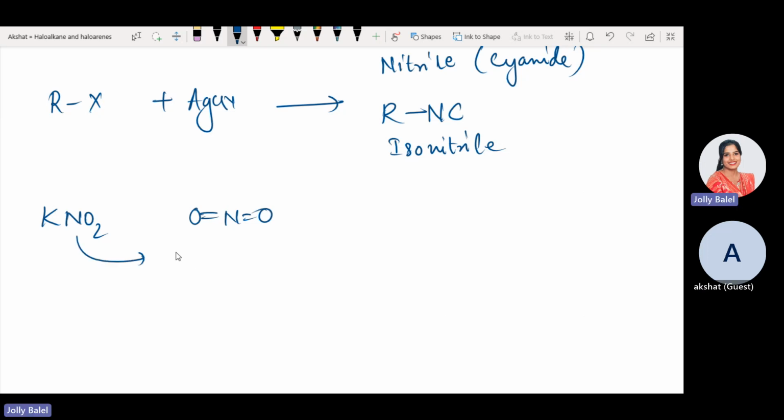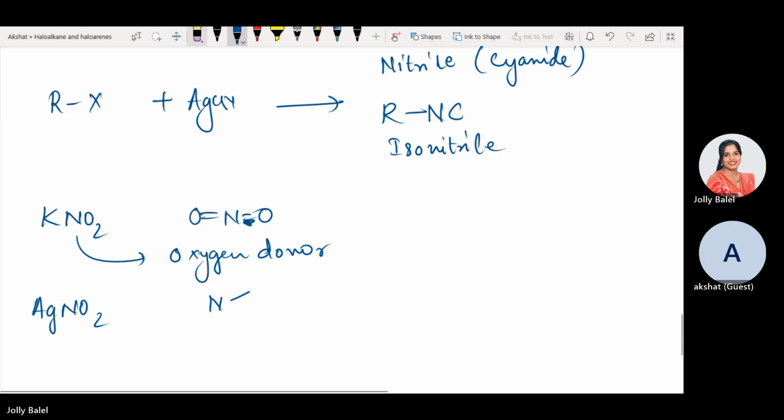For NO2, oxygen donor. But if you take AgNO2, your donor site will be nitrogen, one single one. N will be your donor site. It will donate from N.